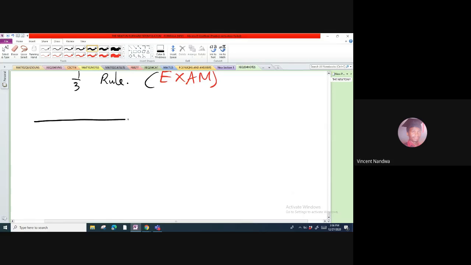So the last is Simpson's three-eighth rule. For Simpson 3/8 rule, we take n as 3.